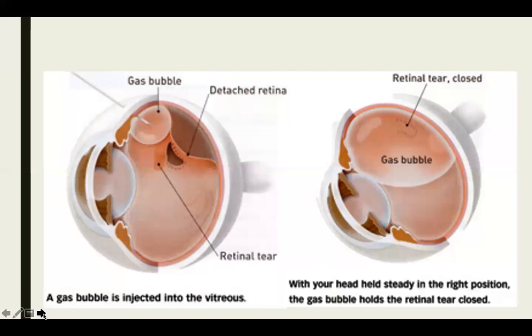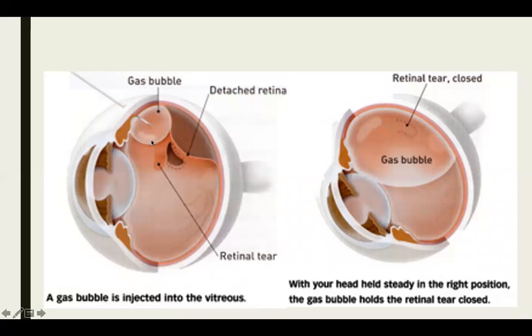Another option for the treatment of retinal detachment is pneumatic retinopexy. Pneumatic means air, gas. What we will do in this procedure, let's suppose this is a break and the retina is detached, is put some gas in the eye. The gas will expand.